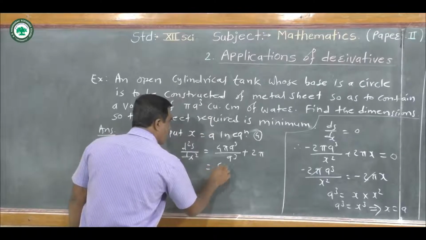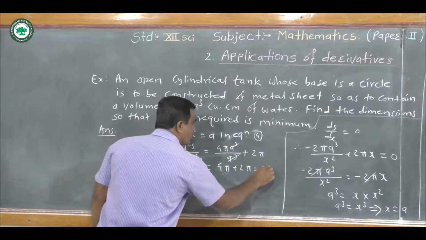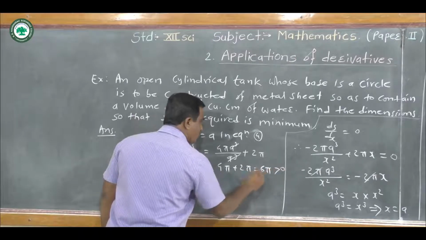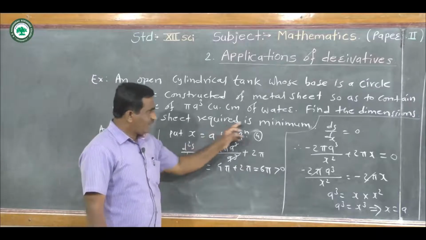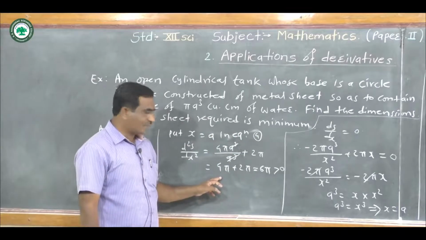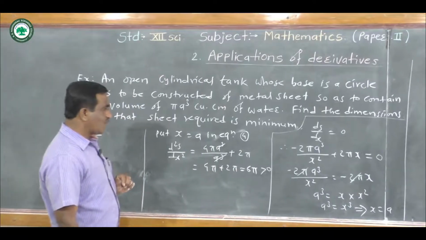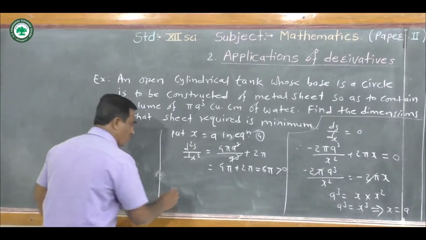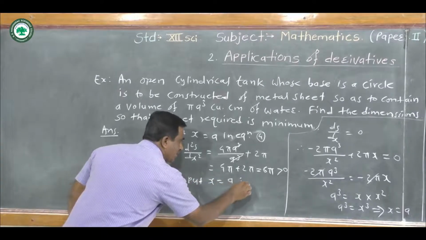That is we get here 4 pi a cube cancel plus 2 pi equal to 6 pi, which is greater than 0. Therefore, the sheet required is minimum here. The second derivative is greater than 0. Therefore, the function is minimum.